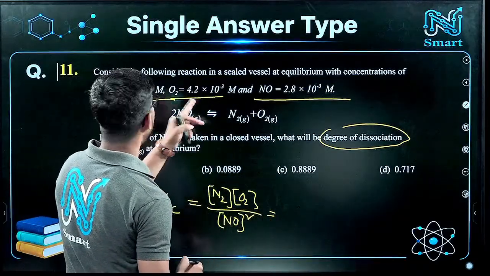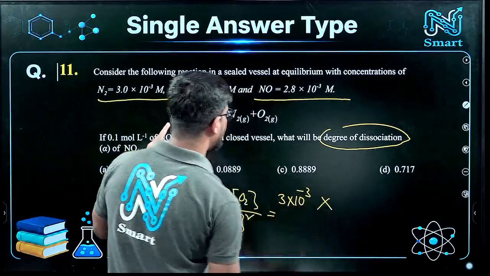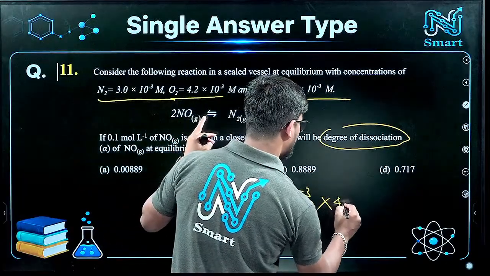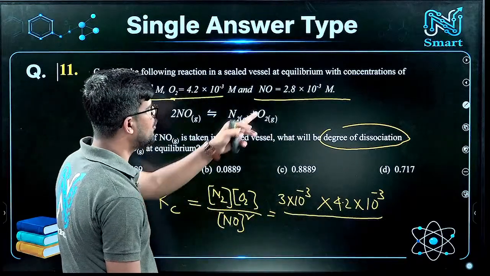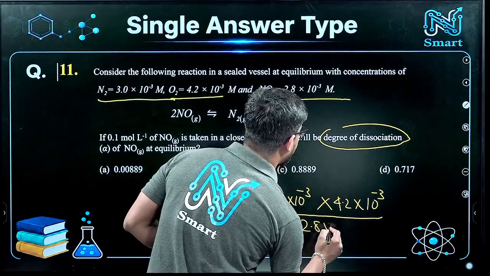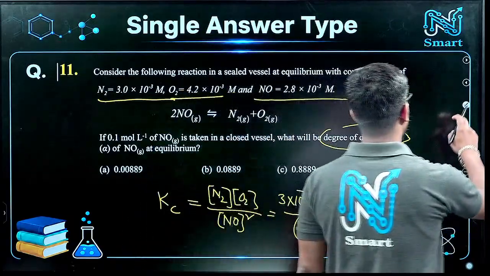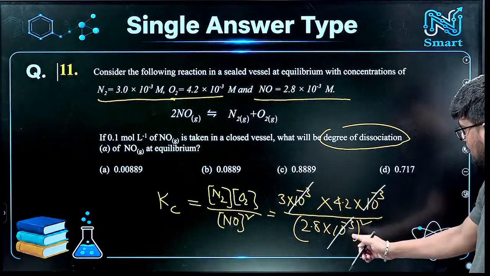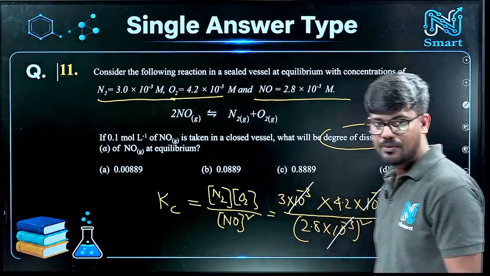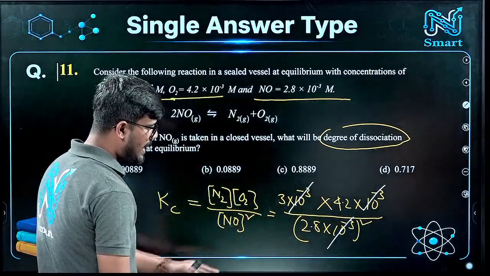N2 value 3 into 10 to the power minus 3 multiplied by O2. O2 is 4.2 into 10 to the power minus 3 divided by NO. NO is 2.8 into 10 to the power minus 3 and its square. Correct? Now from this, 10 to the power 3, 10 to the power 3 and 10 to the power 3, they will cancel each other because here we have square. So from this, 3 into 4.2 by 2.8 square.